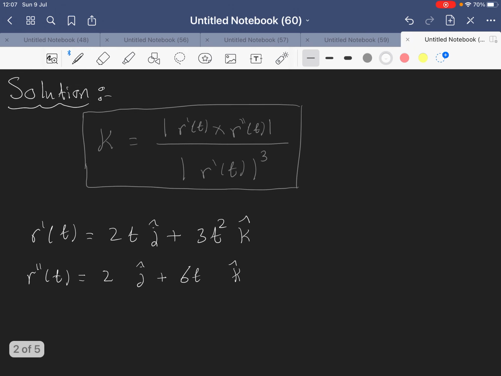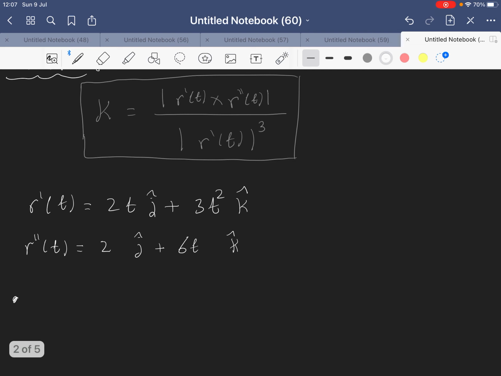Next step, which is the most important one, is we need to find the cross product using the formula of the cross product. Please watch the video about the cross product and how we find the cross product of two vectors in R3.